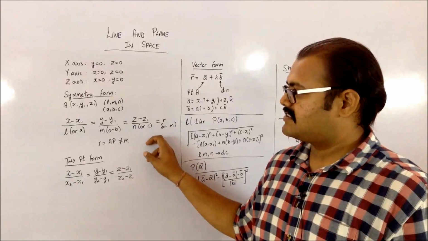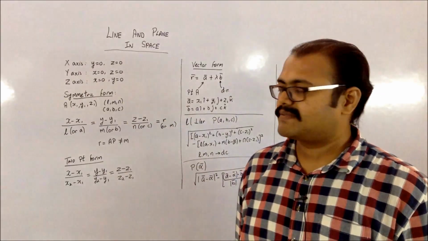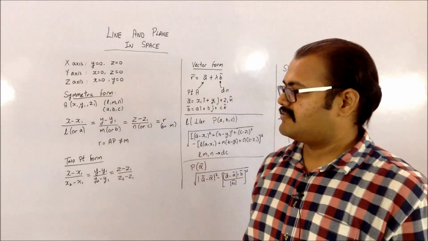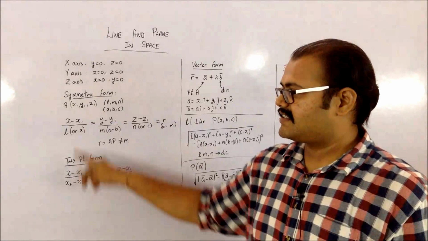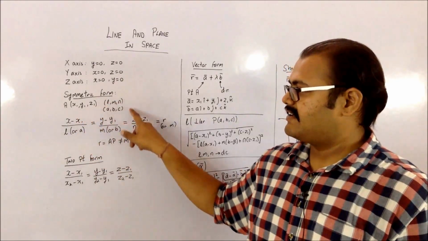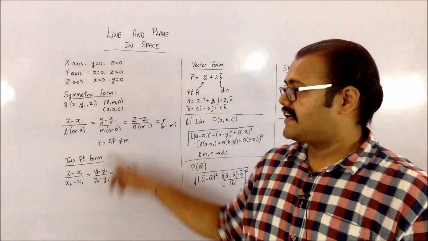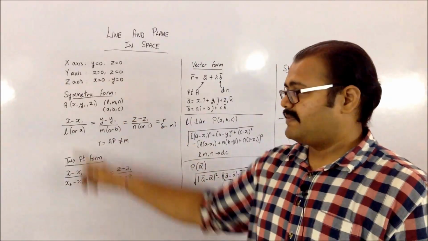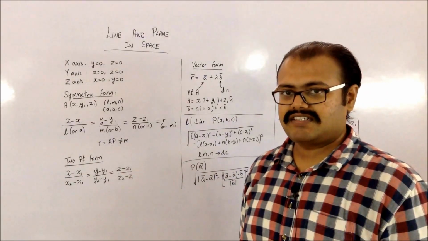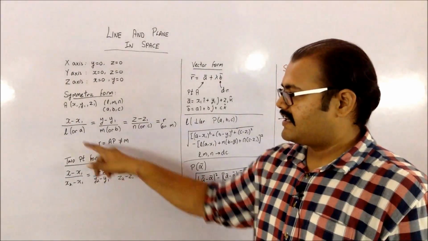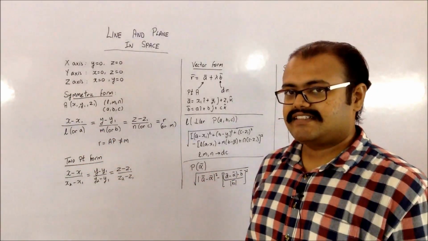Coming to the next thing, this is called the symmetrical form of a line in space. If you know the point through which the line is going to pass, that is x1, y1, z1, and you know either the directional ratios or the directional cosines of it, then it will be x minus x1 upon the directional ratio or directional cosine for the corresponding variable, like for x it will be l, for y it is m, and for z it is n.